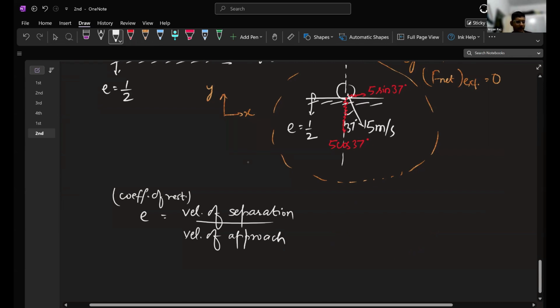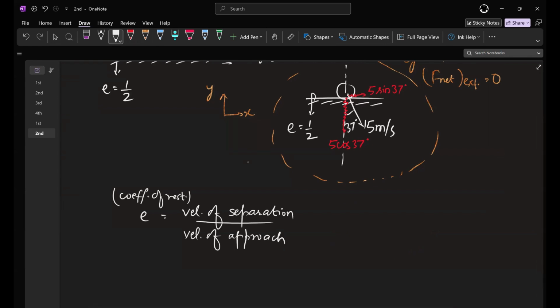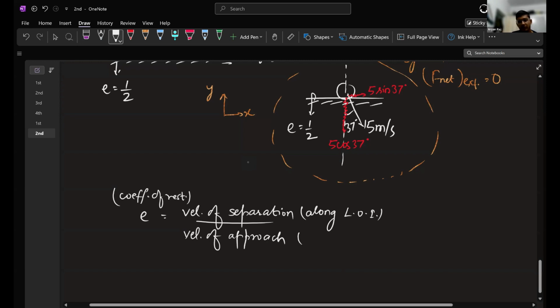Is this formula complete? Don't you have to get the line of impact? Yeah, exactly, full points for that. These two have to be along the line of impact only, because if it's not the line of impact, it wouldn't work, right?